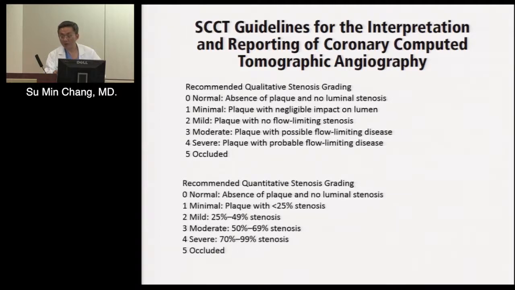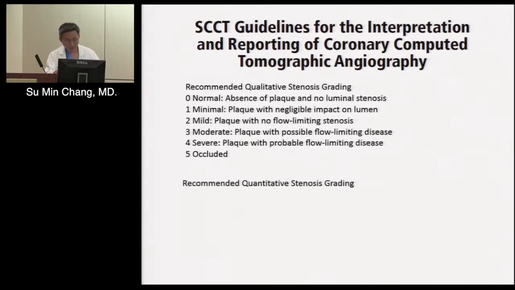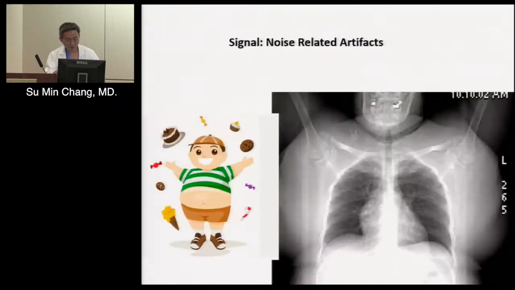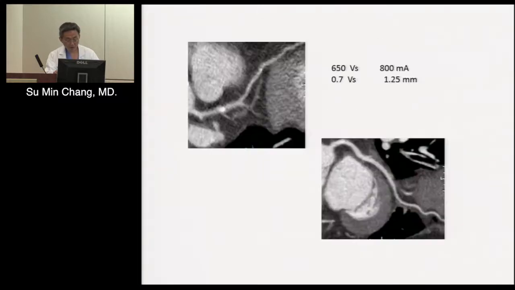If it's subtotal, it will be very easy to fix, stent in, but if it's total occlusion, it might be a little bit different. Okay, big patient: if you have a very obese patient, you need to give more radiation. That's really the only way to get pictures, or you can send them to MRI.